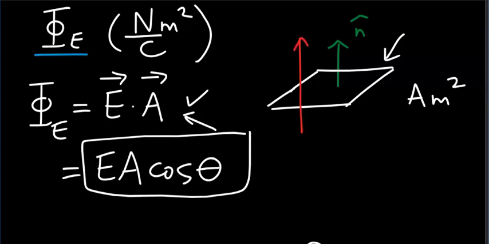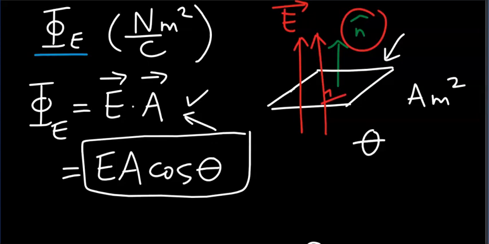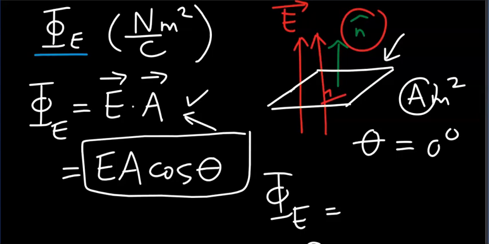Assume that you have electric field in the direction parallel to the normal vector, namely, the direction of the electric field is perpendicular to the plane of that area. So that would make theta, the angle between E and n hat, to be 0. So in this case, the electric flux through this surface with area A meters squared due to that electric field is quite simply E times A, because cosine of 0 is 1.